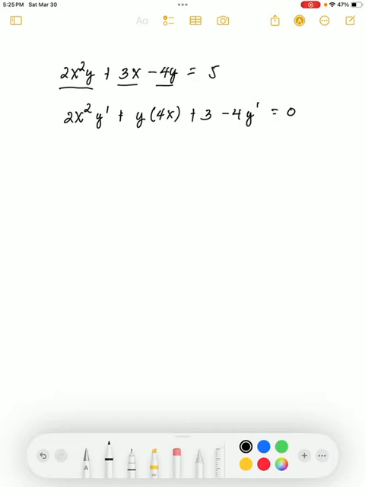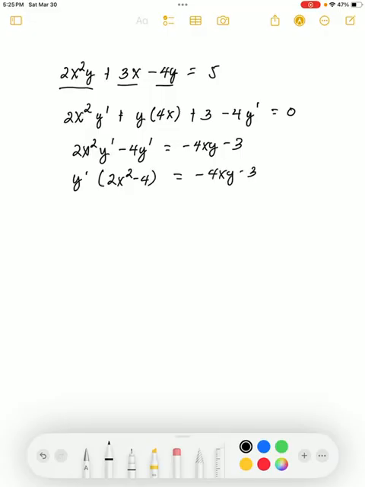Then afterwards, collecting yung mga terms natin na may y prime, I will have here 2x squared y prime minus 4y prime. Then sa kabilang side naman na equation, I will have negative 4xy minus 3. Then factoring y prime, I will have 2x squared minus 4 equals negative 4xy minus 3.